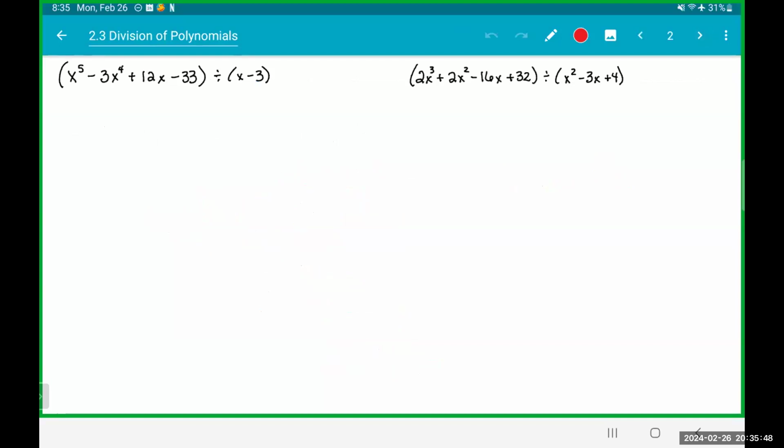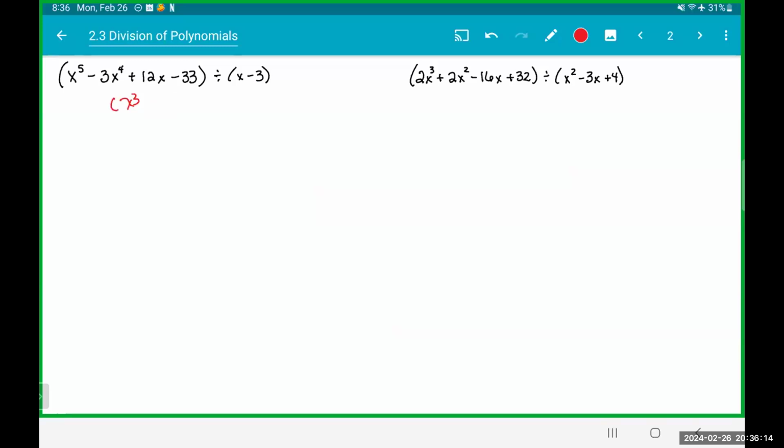All right, so we have a couple more here to look at. I won't go as slow through these, but the one thing we always should check: we have x to the 5, x to the 4, we're missing the x cubed. Then we're also missing x squared, right?